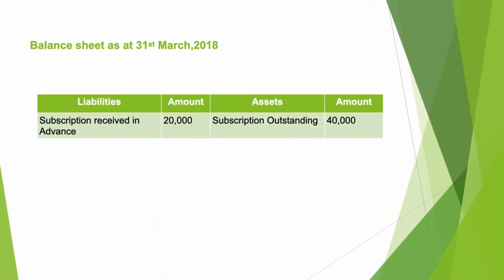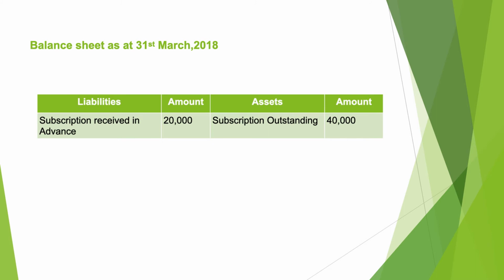Now how will it be recorded in the balance sheet of the current year? In the current year, subscription received in advance is 20,000 for the future year. Since it is a liability, it will be recorded on the liability side of the balance sheet. Subscription outstanding of the current year, that is subscription earned but not received, since it is an asset, the 40,000 will be recorded on the asset side.